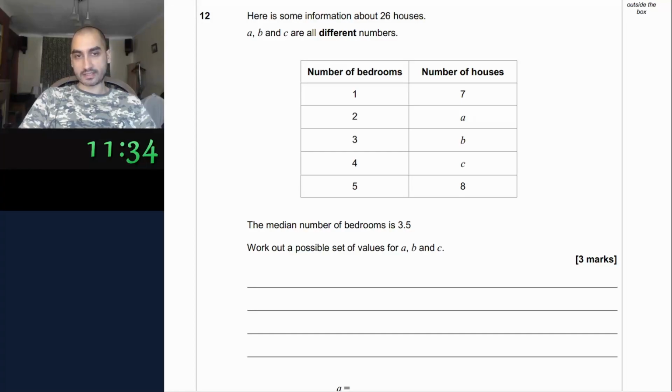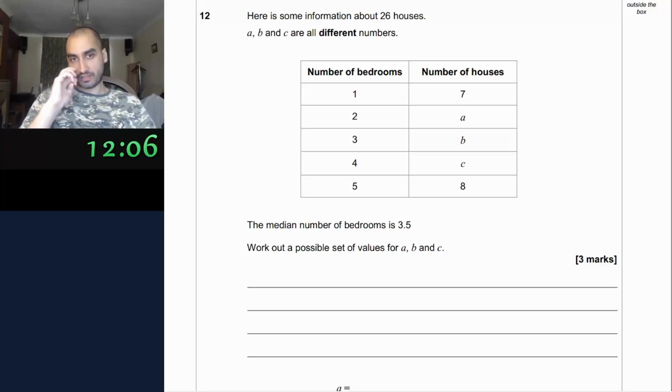So what this is telling us, when you take the median to be 3.5, is that the 3 and 4 were tied. Yes, because otherwise you wouldn't have taken a fraction.